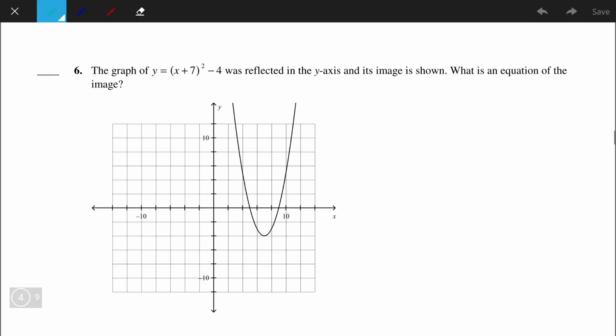So in this case, if there's a reflection in the y-axis, then y equals f of x will become y equals f of negative x. Okay, so after the reflection, the equation will become y equals negative x plus 7 squared minus 4.